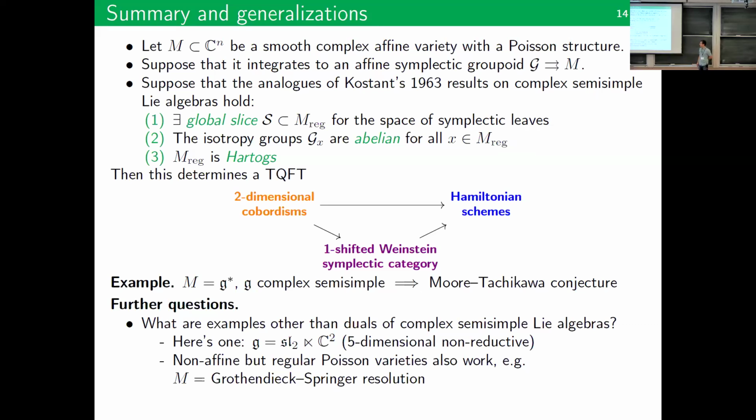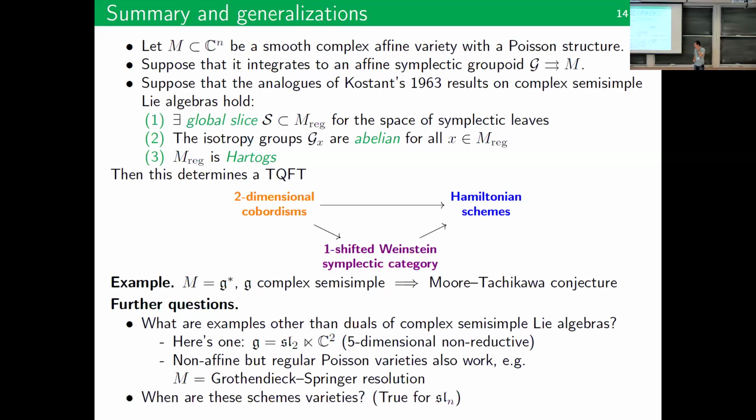In this case, we have an example with the Grothendieck-Springer resolution, which is the Poisson manifold that we're considering, and then we get these quotients here. Instead of doing algebraic geometric quotient, we can take actual orbit spaces, which will be manifolds, and we can construct these as genuine Hamiltonian manifolds acted on by the integration of the Grothendieck-Springer resolution.